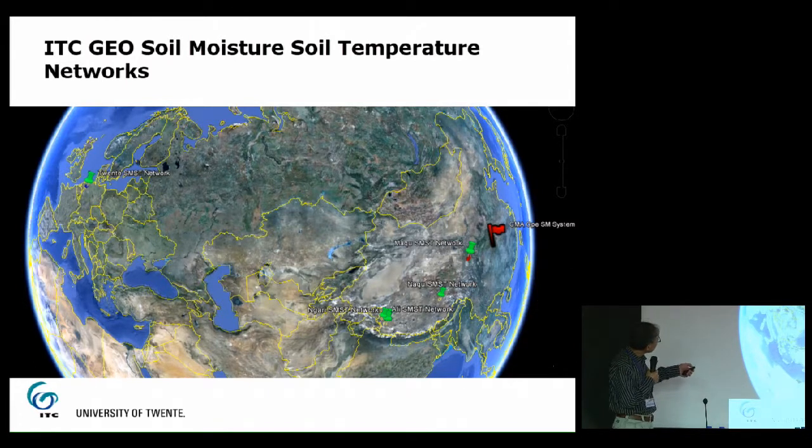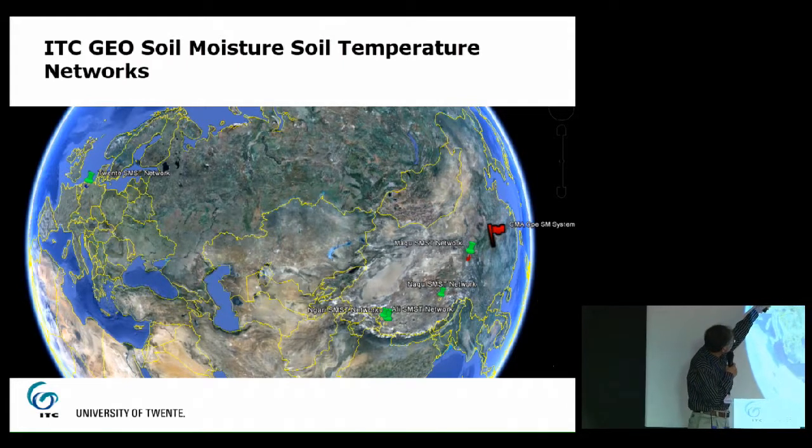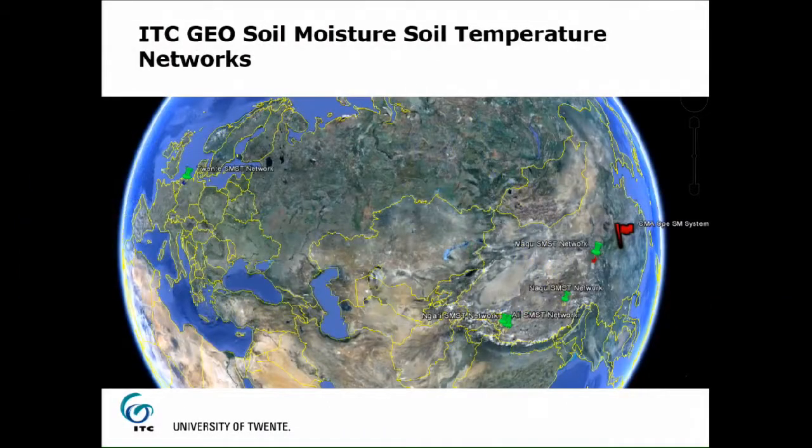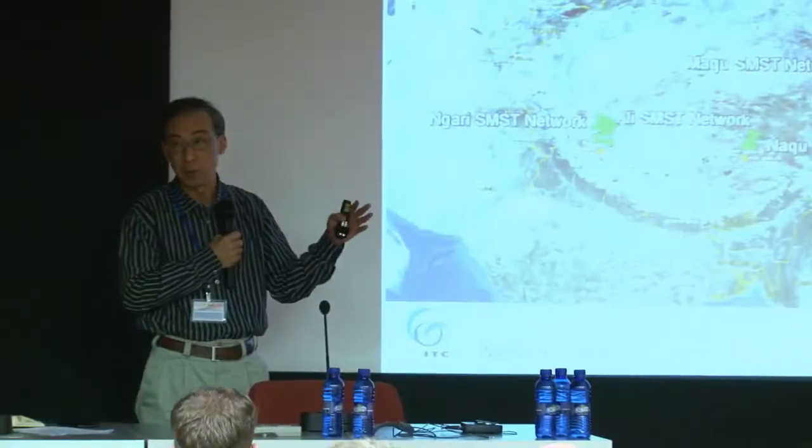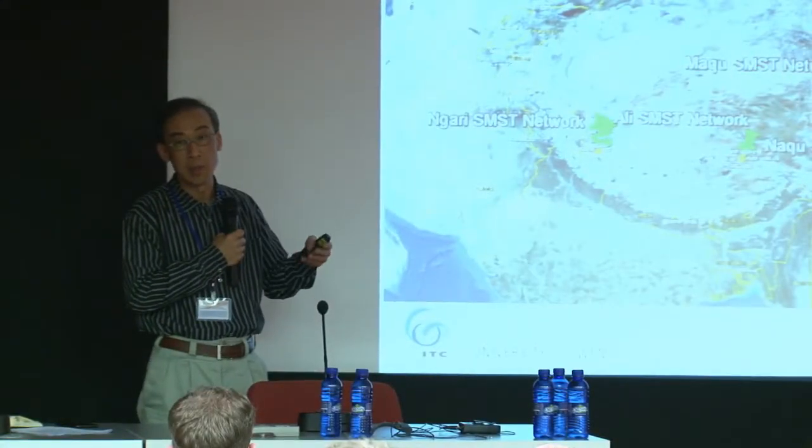So we have in the Netherlands, here in Twente, a soil moisture and soil temperature network, but also on the Tibetan Plateau we have actually 3 across different climate zones, from humid to semi-arid to desert areas, where we have these measurements. For each of these sites, we have 20 profiles spread over an area of about 40 by 50 square kilometers, so that you can directly compare with satellite data.